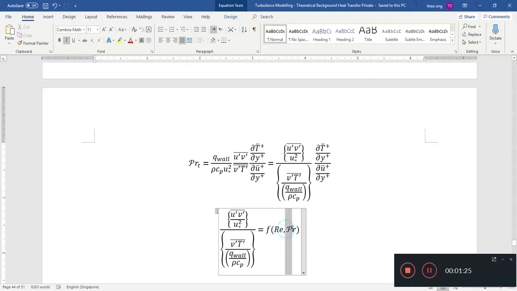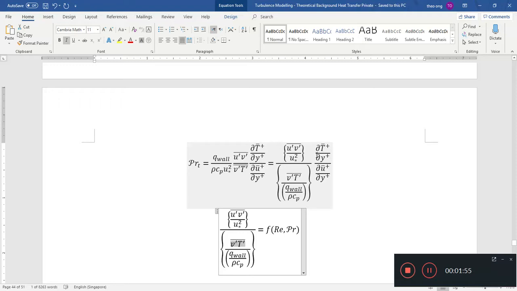But the Prandtl number will affect the ratio between these fluctuations here. Because if you have a fluctuation caused by some turbulence, and you have a low Prandtl number fluid, the magnitude of the temperature fluctuations will be very small because it's conducted away very quickly. At least the averaged fluctuations will be very small.